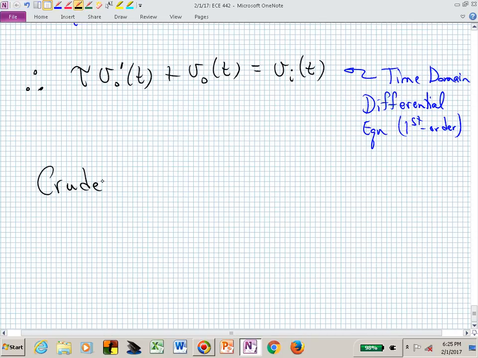So let me say this is now a crude discrete equivalent. The way we are going to go from the continuous time setting to the discrete time setting is to approximate this derivative by a finite difference.